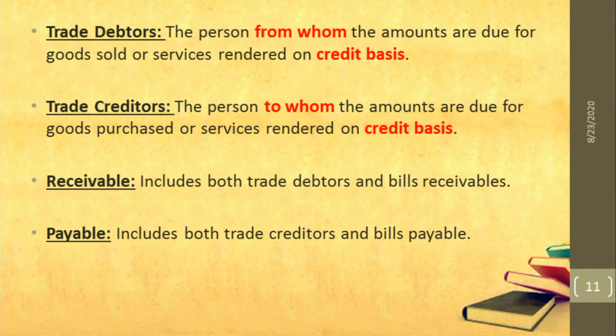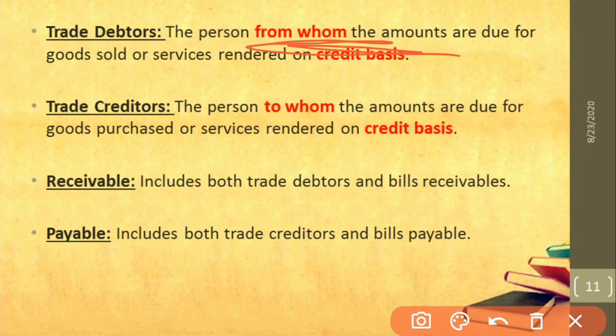Now, trade creditors. What are the trade creditors? The person from whom the amounts are due for the goods sold and services rendered on credit basis. For example, I was dealing in pens, so I have sold 10 pens to Mr. X on credit, and the worth of these pens was say 50 rupees.